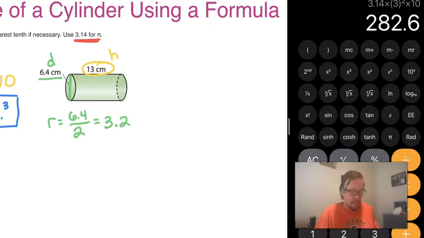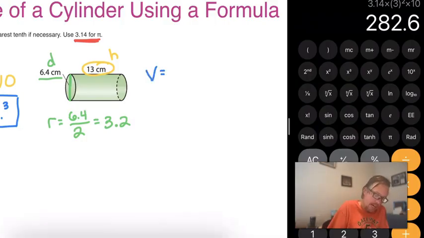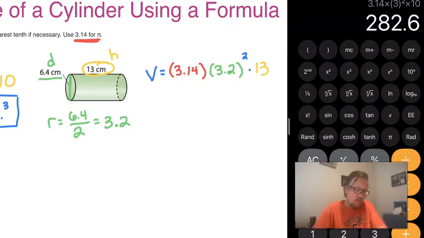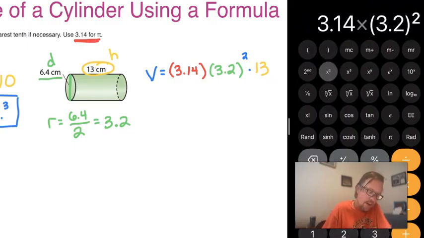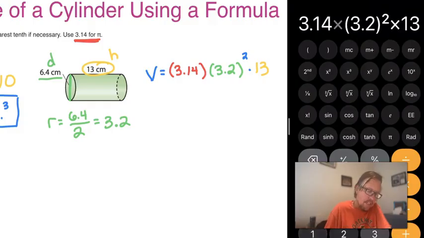We are, of course, still using 3.14 for pi, so our formula is going to be pi r squared h. So pi is going to be 3.14 times the radius squared. We figured out the radius was 3.2, so 3.2 squared times the height, which is 13. So we'll go back to our calculator. 3.14 times 3.2 squared times 13.